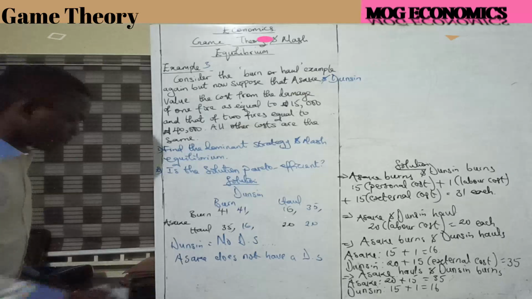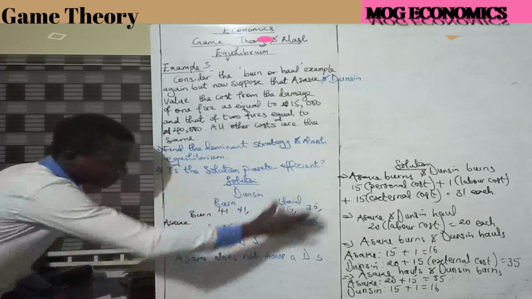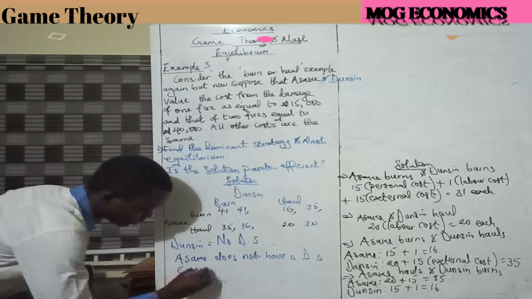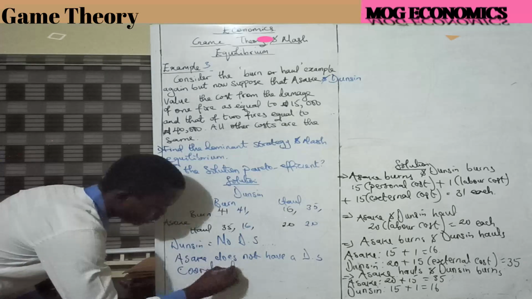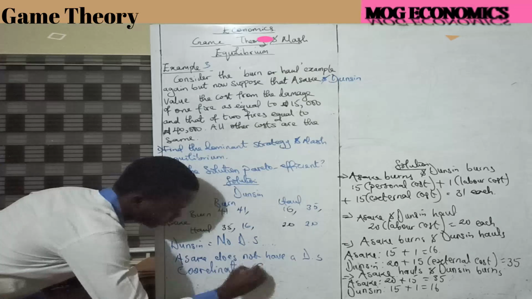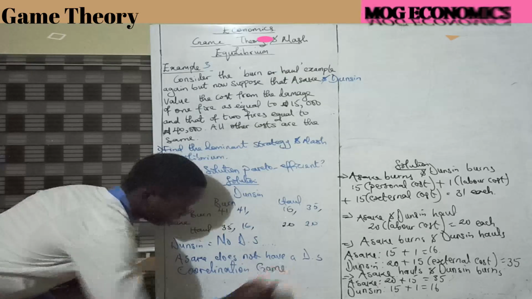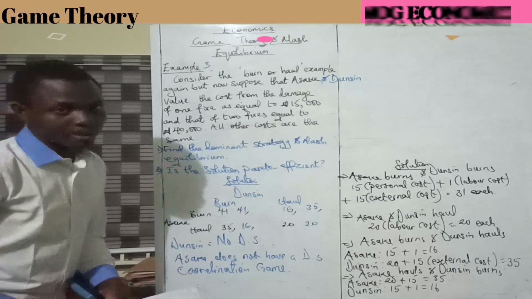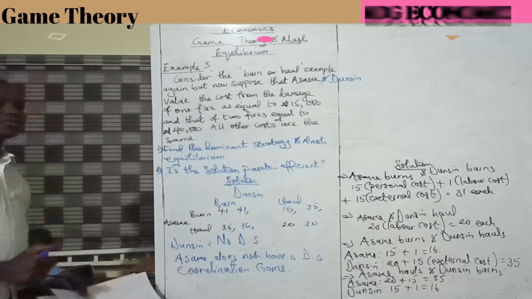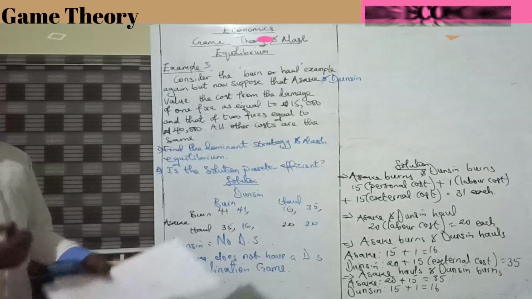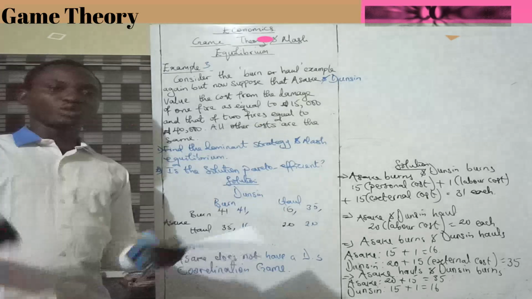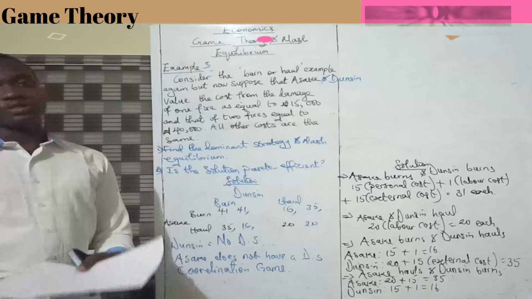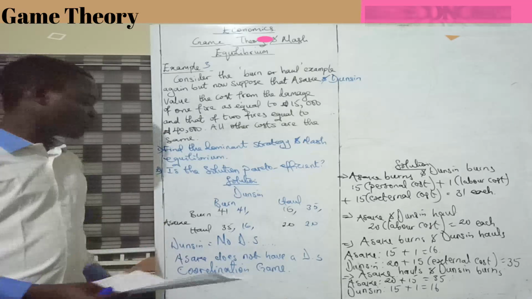So a coordination game is a game that has more than one Nash equilibrium, and the solution is for either of the players to choose one strategy while the other player chooses the other strategy. So that's about coordination games.